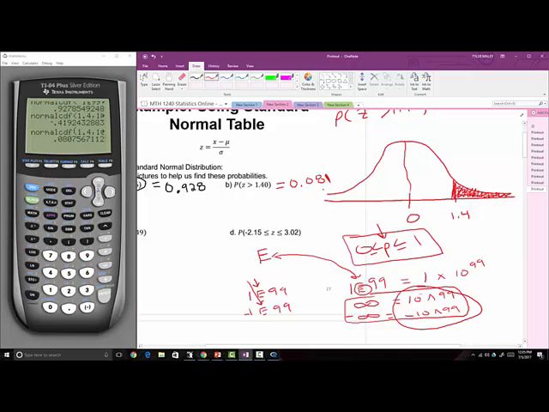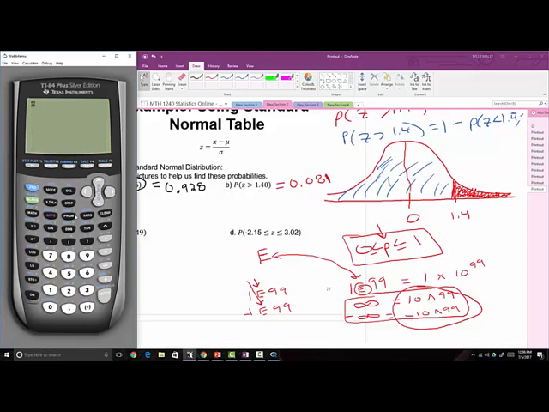Another way that you could do this is you could take 1 minus the area to the left, right? So like here, if here's the area to the left, so we could find this area. So if I want to find the red, right, the probability that z is greater than 1.4, this would be the same thing as 1 minus the probability that z is less than 1.4. Right? So we could also do this, right?